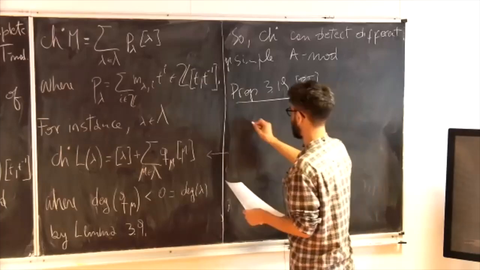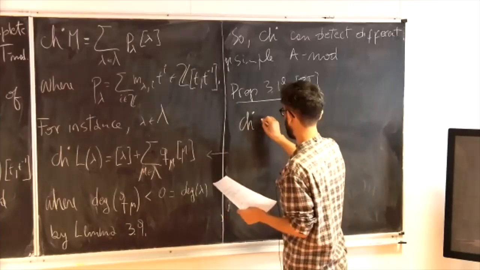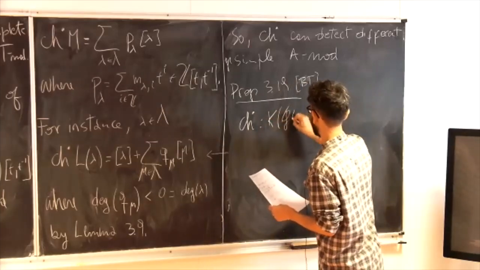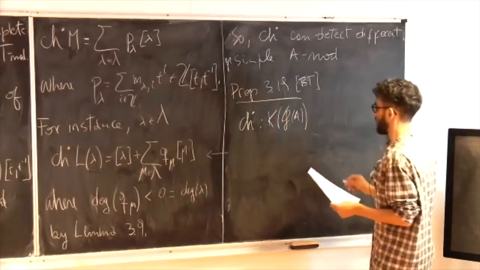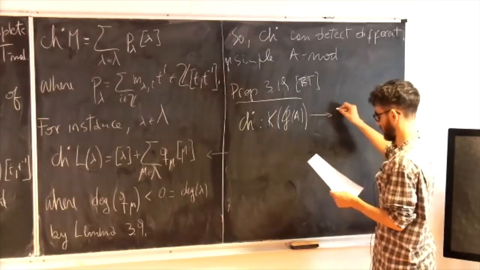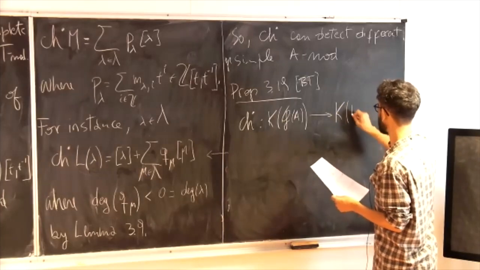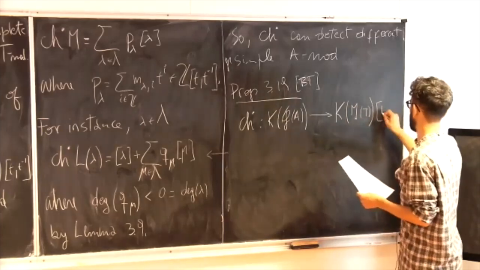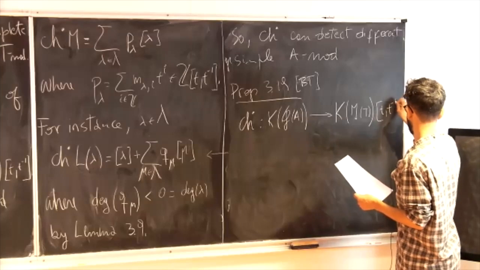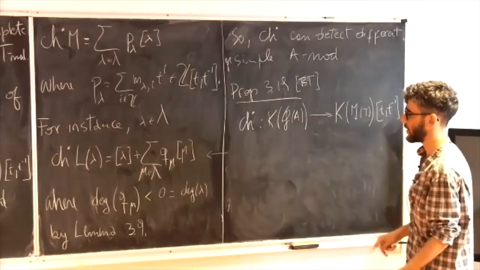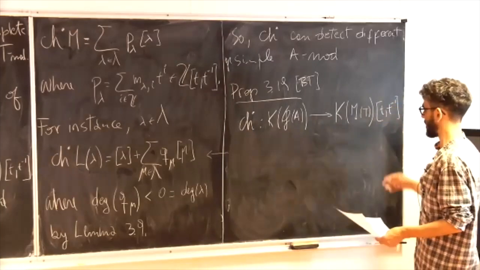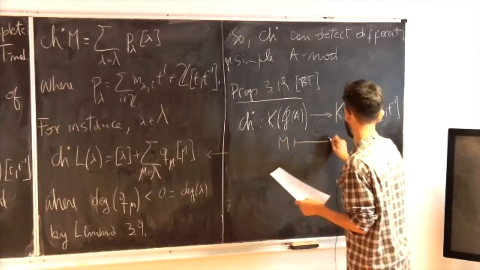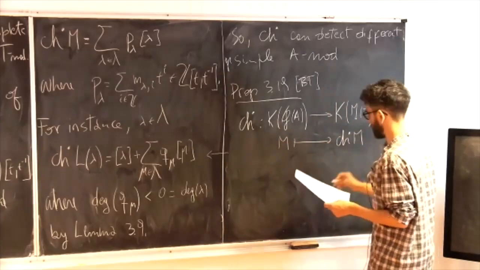Well, the proposition says that if we see the graded character as a function from the Grothendieck group of the category of graded A-modules to the Grothendieck group of the category of T-modules, enlarged by T and T inverse as polynomials, this map is injective.